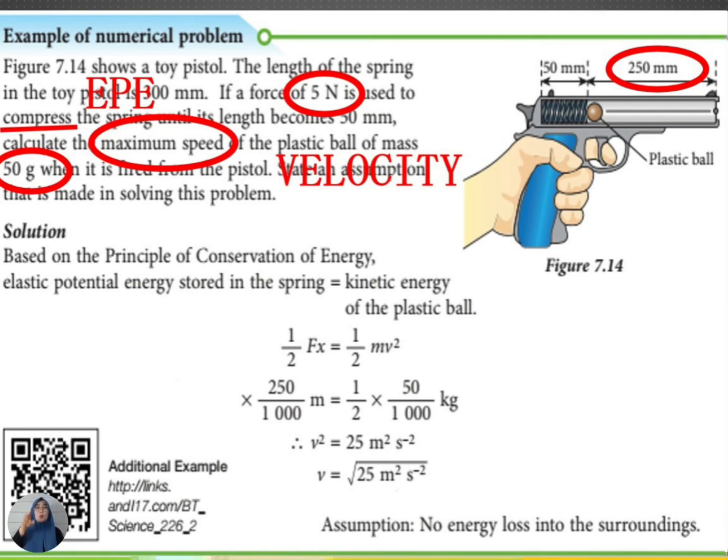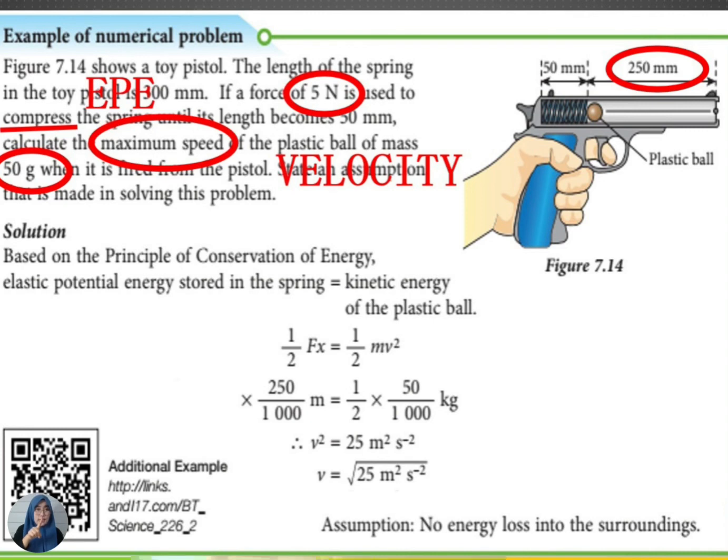As the teacher put there, compress, you refer to the EPE. So how do you want to do the solution? Based on the principle of conservation of energy, the elastic potential energy stored in the spring is equal to the kinetic energy of the plastic ball. So just use the formula of elastic potential energy equal to kinetic energy, and after that substitute all the information in the formula.